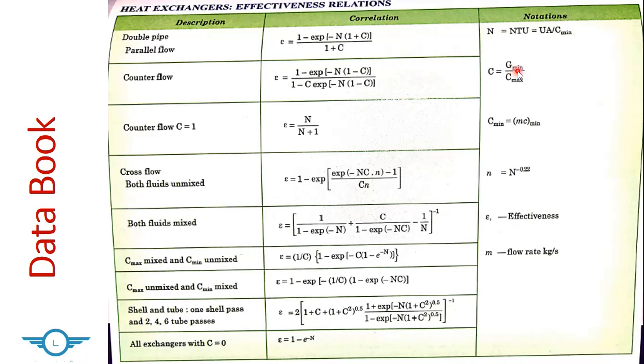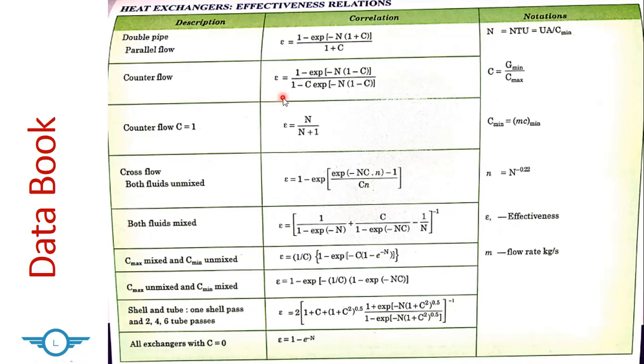Sometimes there might be small printing mistakes. So this is nothing but C minimum, and here C is represented as C minimum. Here it is m dot, and the dot is missing. Small corrections like that you can make, but overall you will get the descriptions of the different cases and the respective effectiveness values.